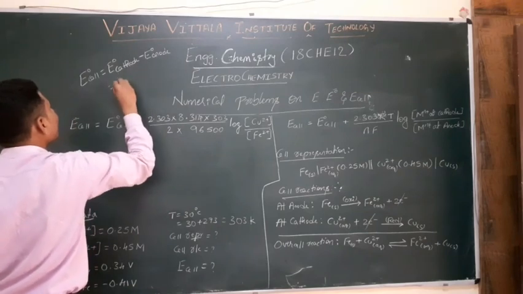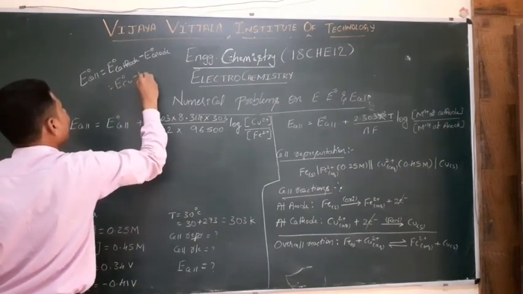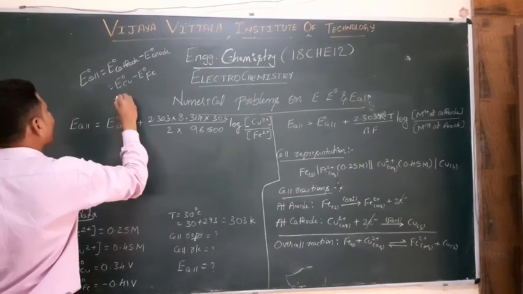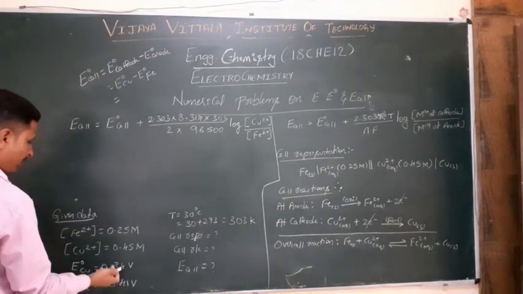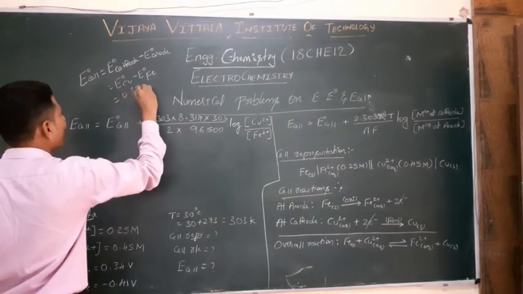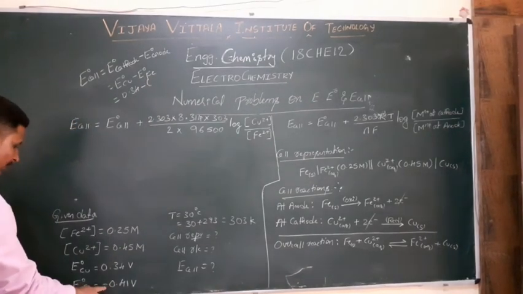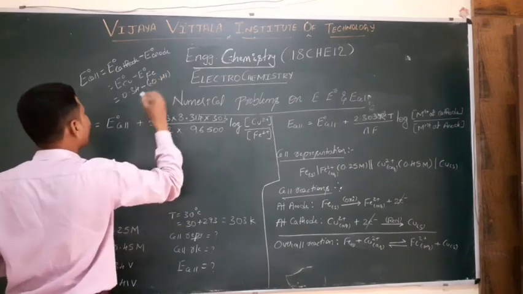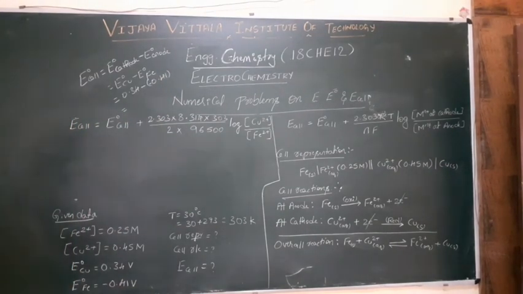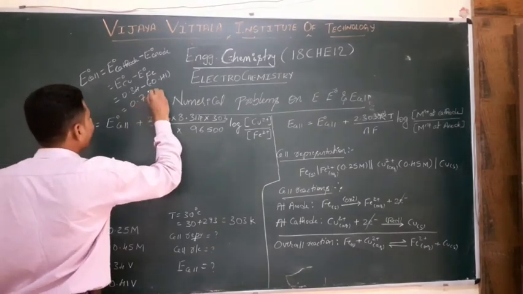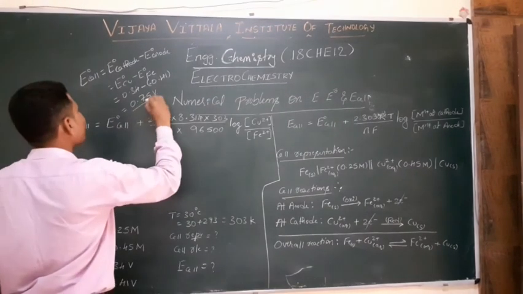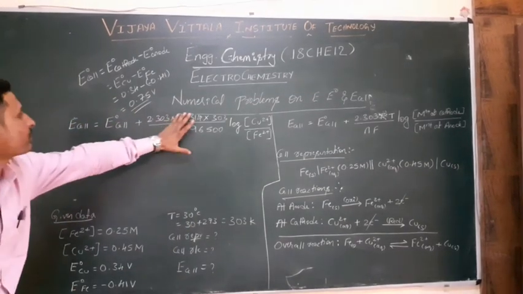Here the cathode is copper, so E naught copper minus E naught iron in the given numerical. We know E naught copper is 0.34 volt, minus minus 0.41 volt, so we will get 0.75 volt. So E naught cell value is 0.75 volt.